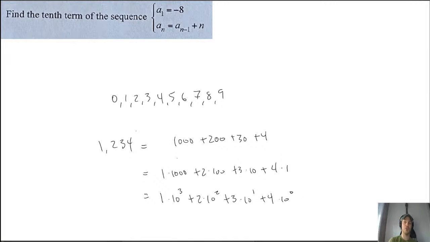Actually, you could get decimals like if you did 0.5. This would be 5 tenths.